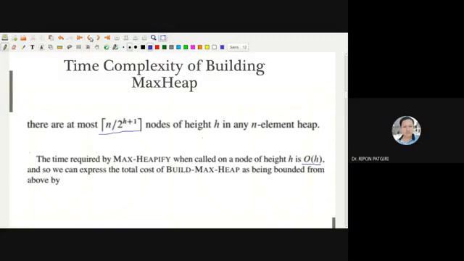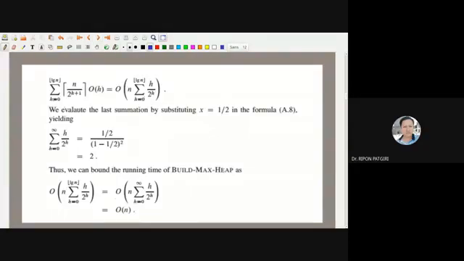Then you have to go for height 0 to log n, and this is the total number of nodes at any height h. This is the cost, and this is the total number of nodes at height h. In this case, n is not related to h, so we put it outside, and this is the constant. 2 is the constant.